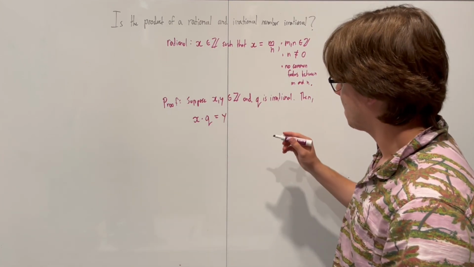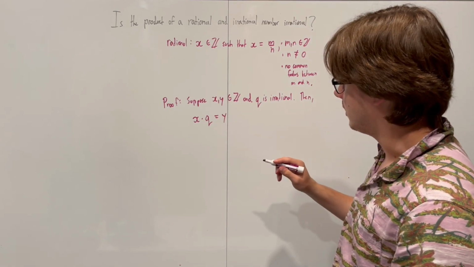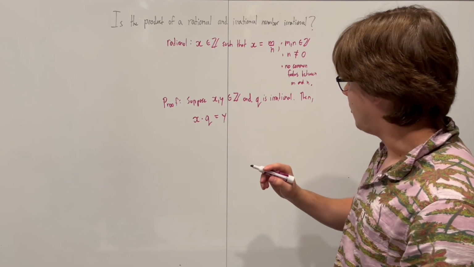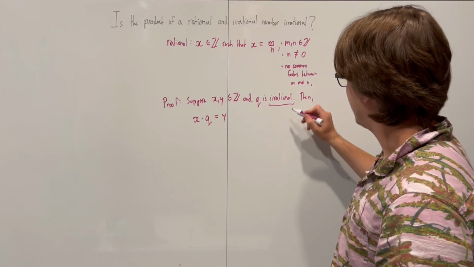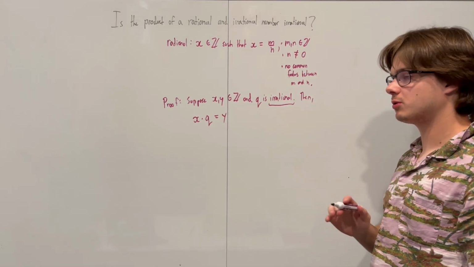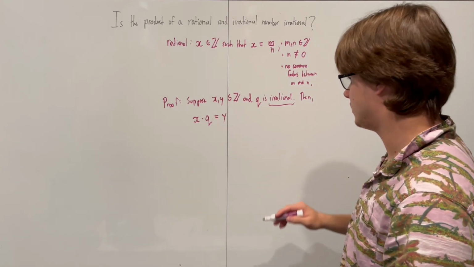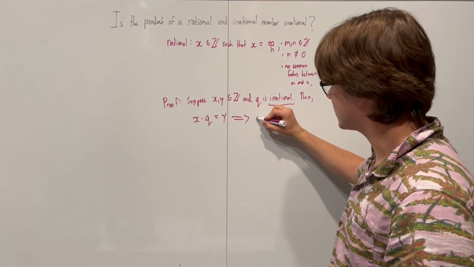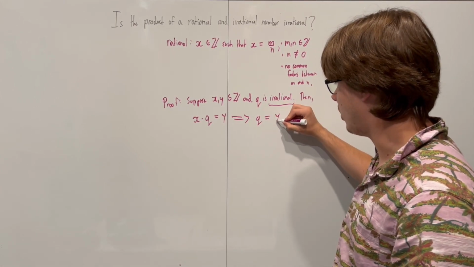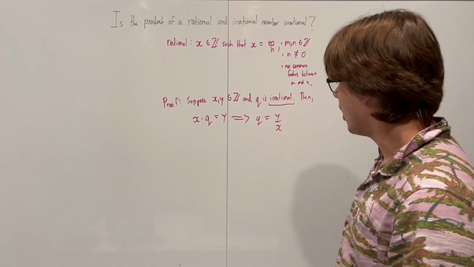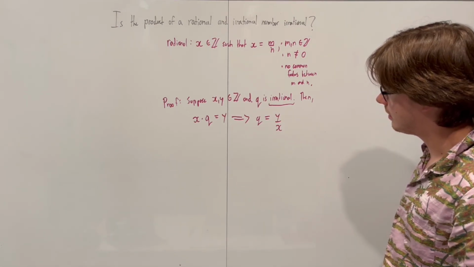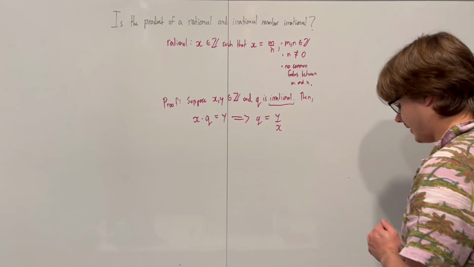Well, what can we do here? Maybe we can try, if you want to prove irrationality, you're going to want to find something that doesn't make sense. Well, maybe if we can rearrange this to say q must then be y over x. I see. Okay.